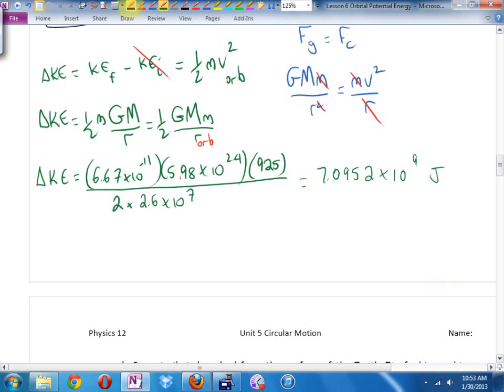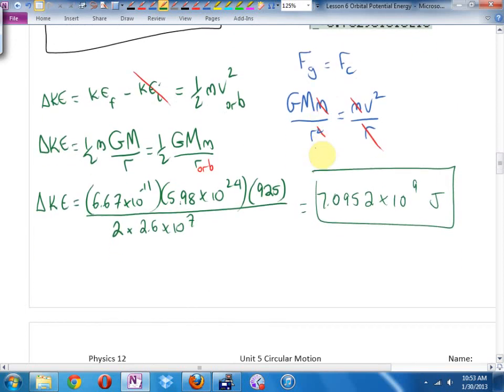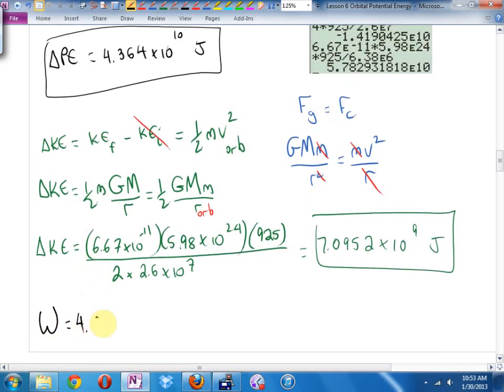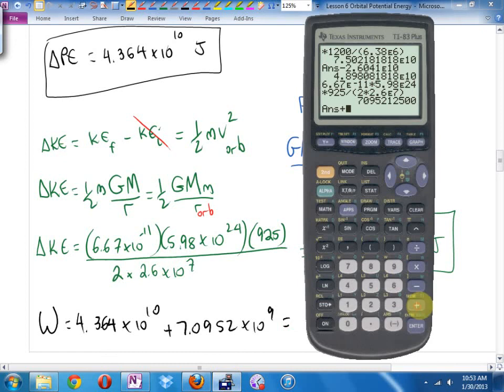We're not done. Oh, you know what, though? I will put a little box around that answer in pride. And I put a box around that one. Final answer. Work equals 4.364 times 10 to the 10th plus 7.0952 times 10 to the 9th equals 5.07.